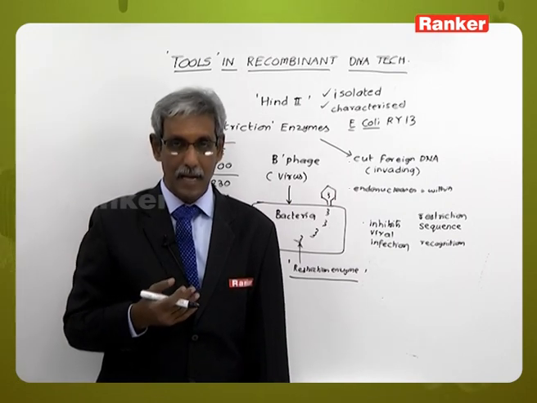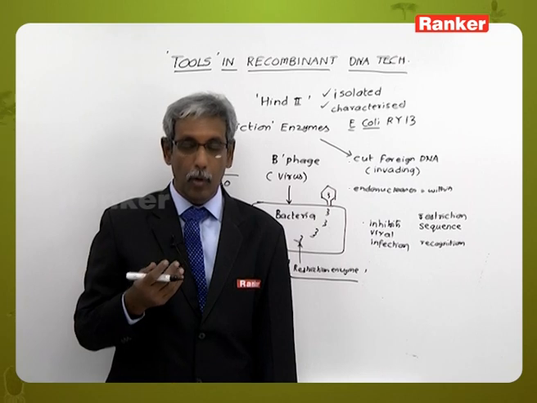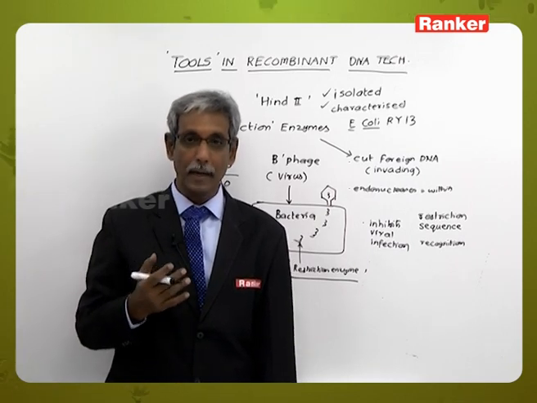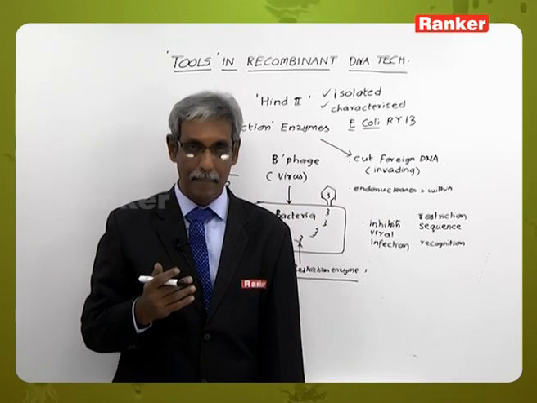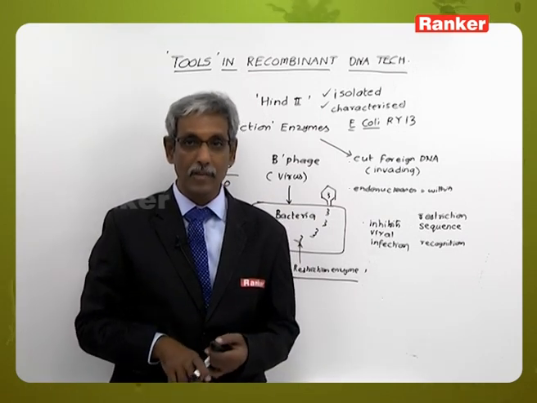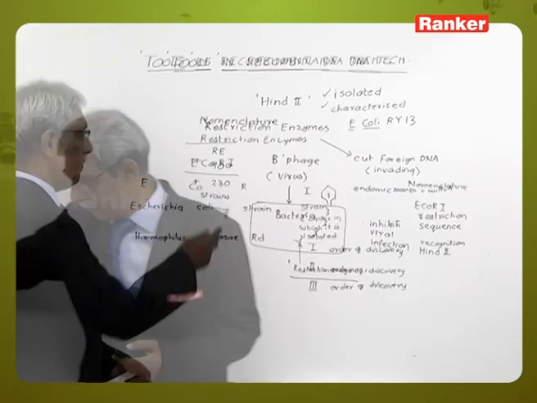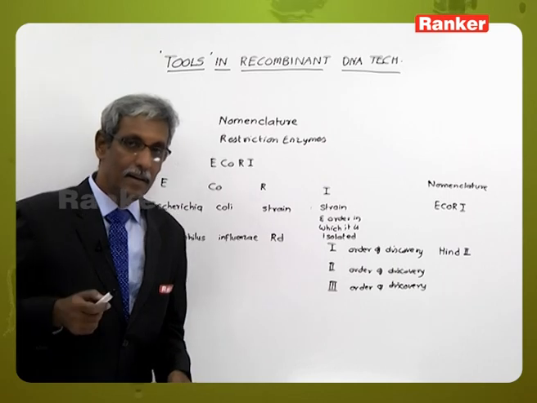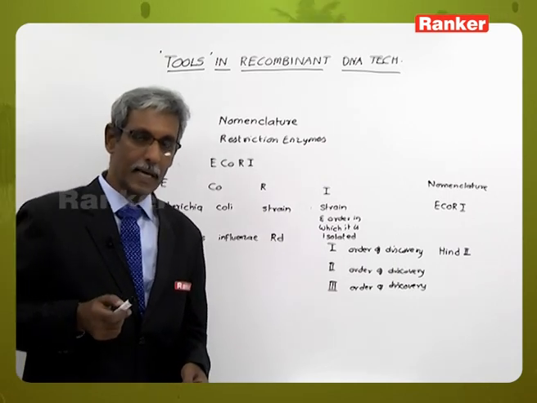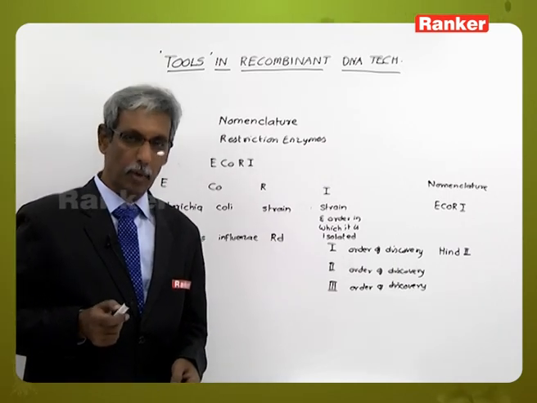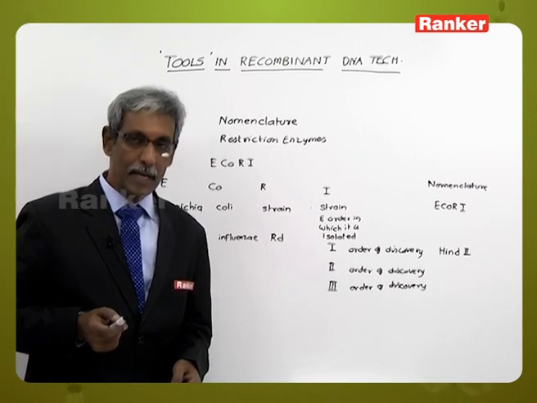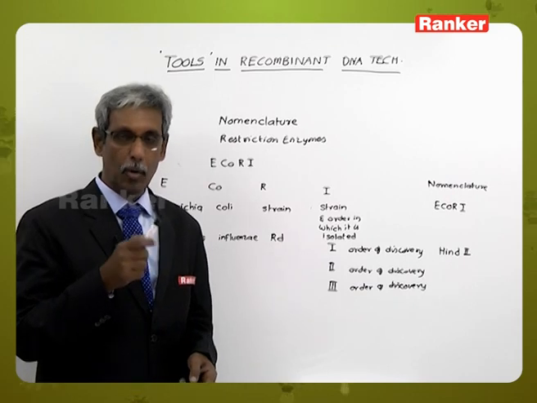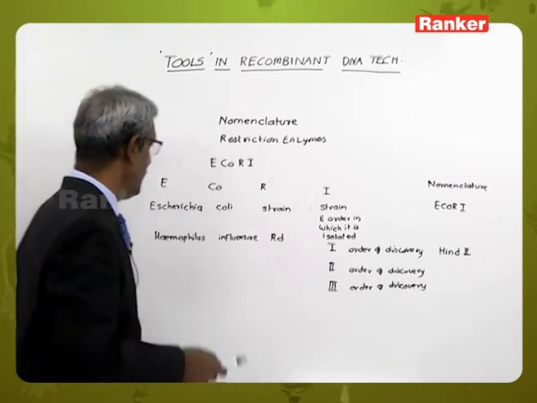How do you know about restriction enzymes? There is a particular pattern of nomenclature. Next, we get into the nomenclature of restriction enzymes. Whenever we name a restriction enzyme, which is a tool in molecular biology, it is always given a name according to a particular pattern.